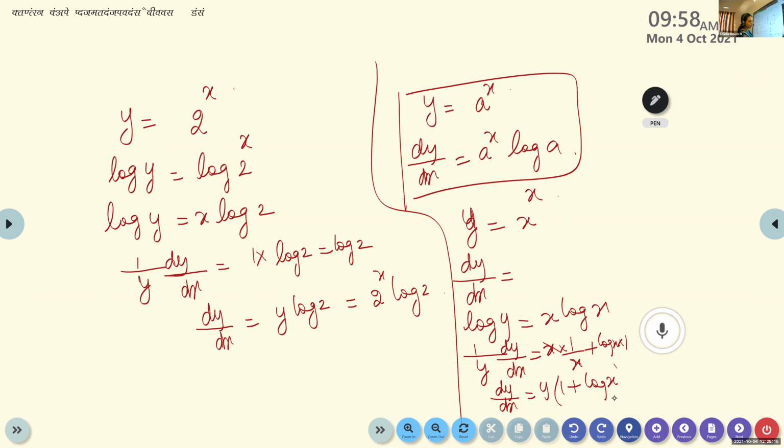What is y? X raised to x. Y is x raised to x into 1 plus log x.